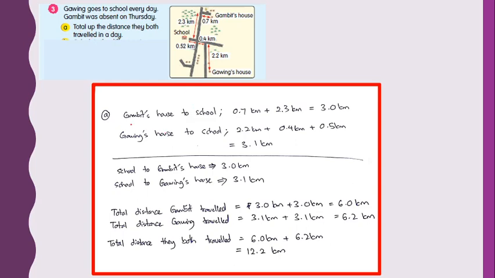Let's look at Gambit first. Gambit's house to school: 0.7 km plus 2.3 km, so the distance is 3.0 km. And then Gawing's house to school is 2.2 km plus 0.4 km plus 0.5 km equals 3.1 km.